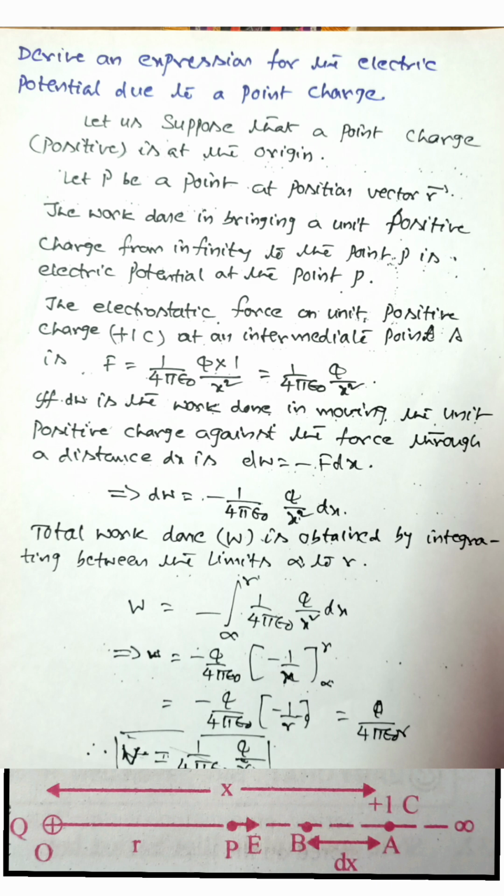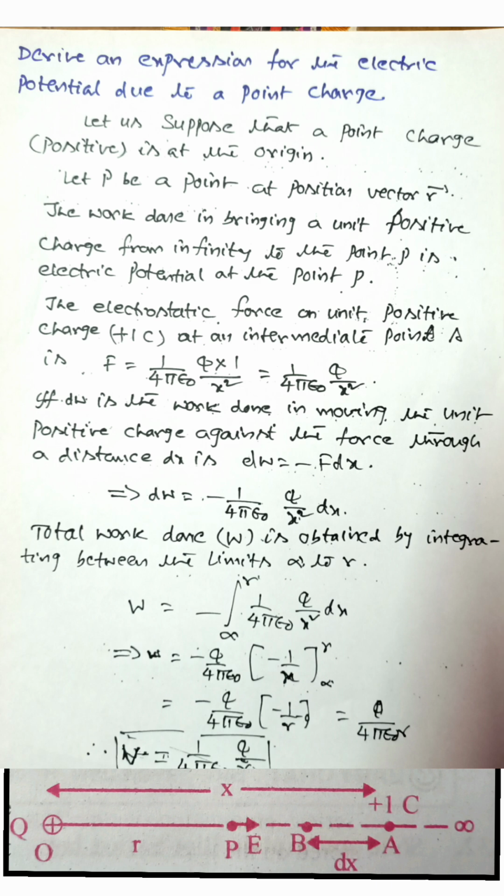Now we have to find the electric potential at the point P. It can be obtained by calculating the work done in bringing a unit positive charge from infinity to that point P.